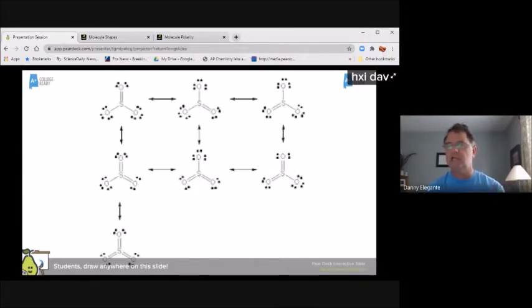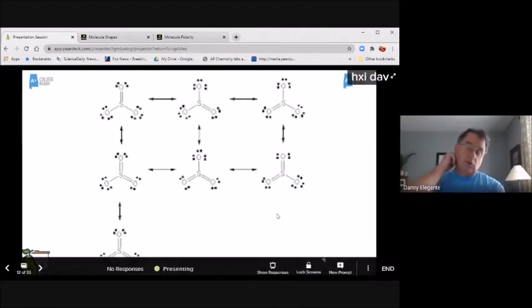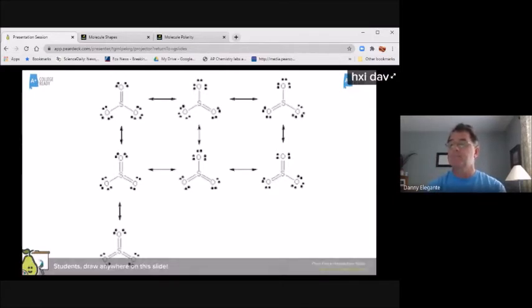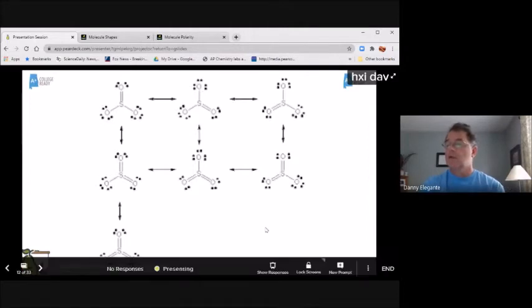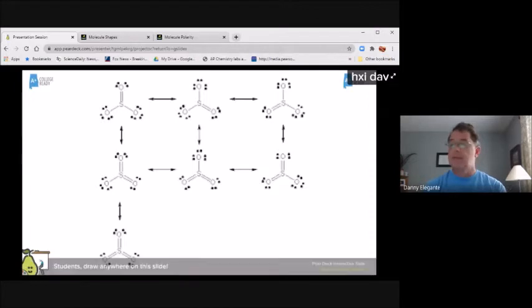So draw anywhere on the slide. What is the formal charge of sulfur in each one of these molecules?